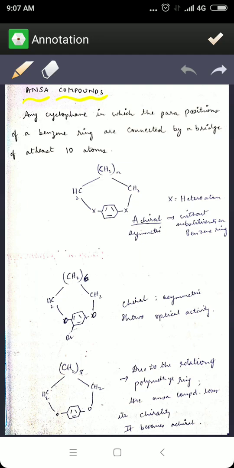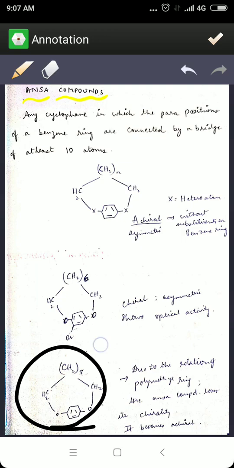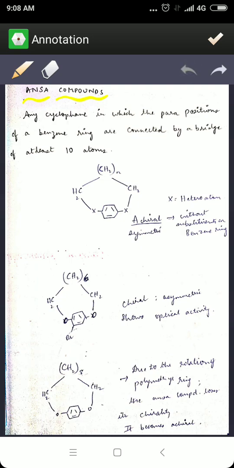Due to the rotation of the polymethylene ring, the ANSA compound loses its chirality. That is, it becomes achiral. Though there are no substitutions, you might think this molecule should have been chiral. But as I already told you, the number of methylene groups is 8, which is more than 7, so there is a possibility of this ring to keep rotating along the benzene.